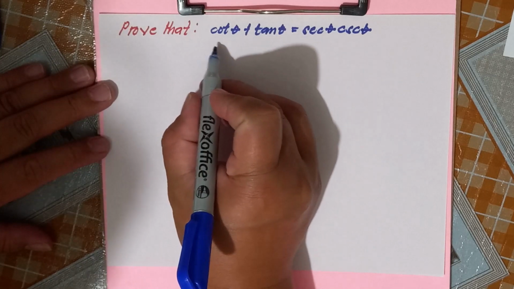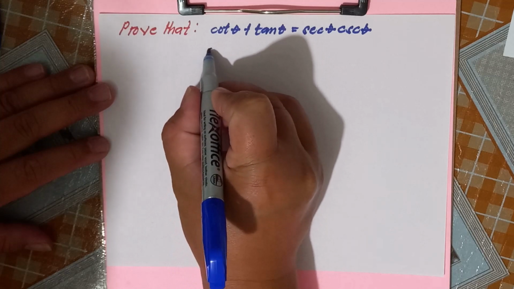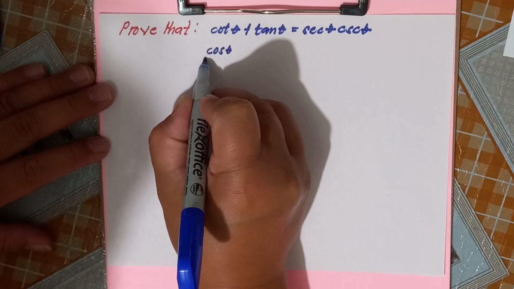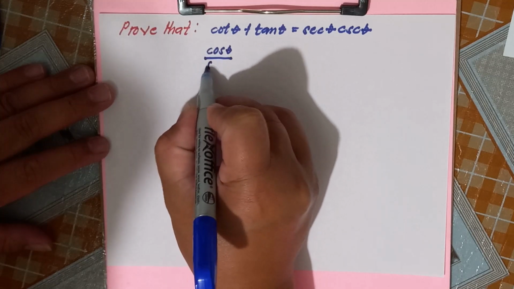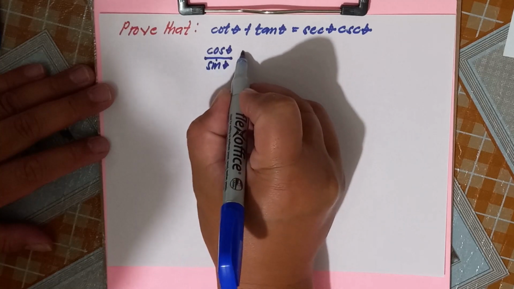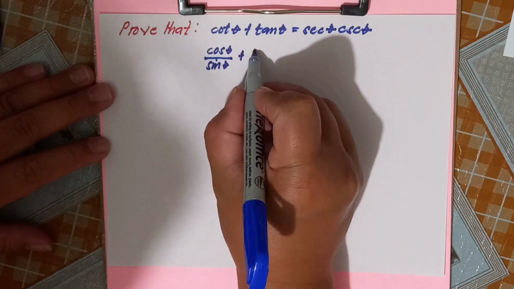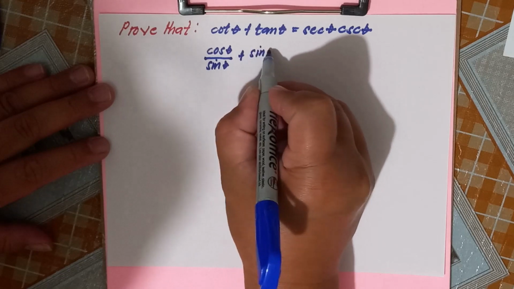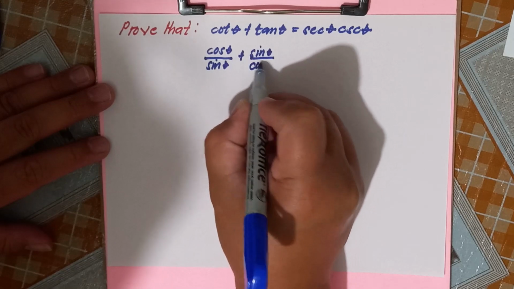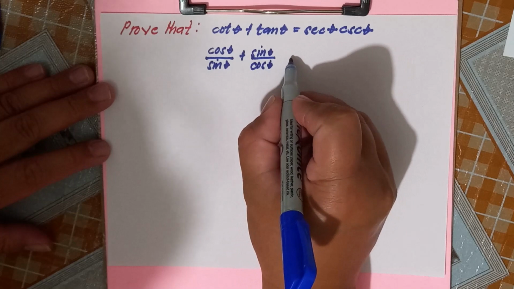What is the definition of cotangent theta? That is cosine theta over sine theta, and that is addition. How about the tangent theta? That is sine theta over cosine theta. Now what about the other side?